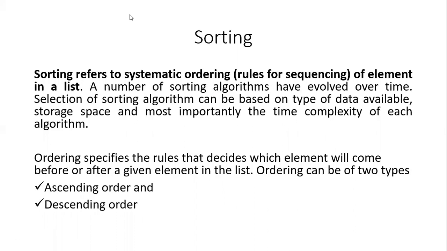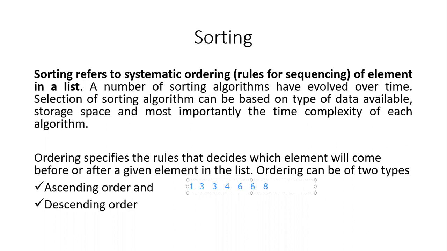Ascending order is an ordering in which all the elements are arranged in a non-decreasing order. For example, please have a look at the screen at the bottom. There is a list that I am forming: 1, 3, 3, 4, 6, 6 and 8.